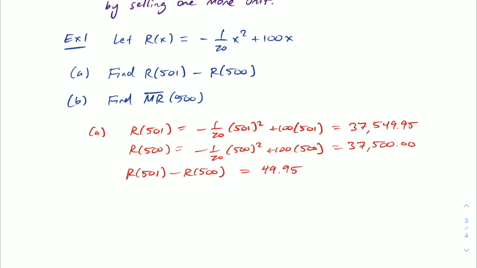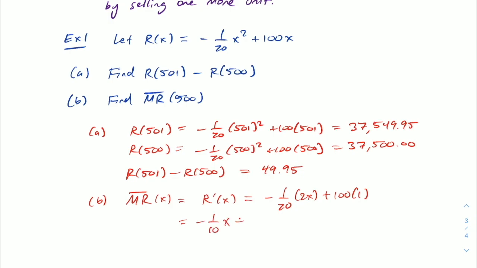All right, so now let's look at the marginal revenue evaluated at 500. So first we got to compute the marginal revenue. It's just the derivative of the revenue function with respect to x. So negative 1 over 20 times 2x, derivative of x squared is 2x, plus 100 times 1, which is negative 1/10 x plus 100.